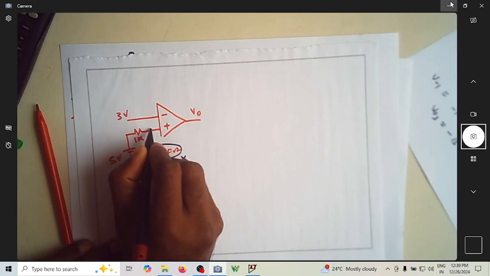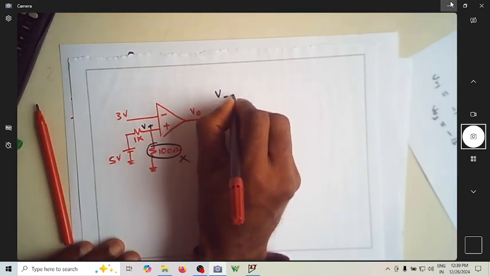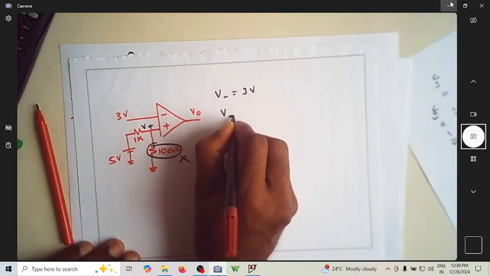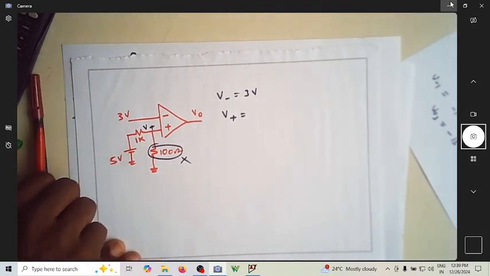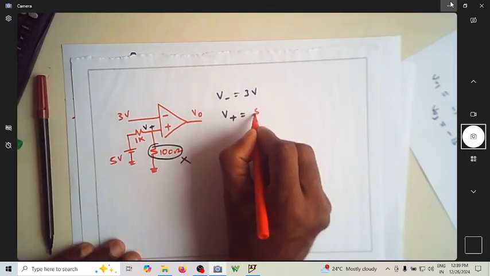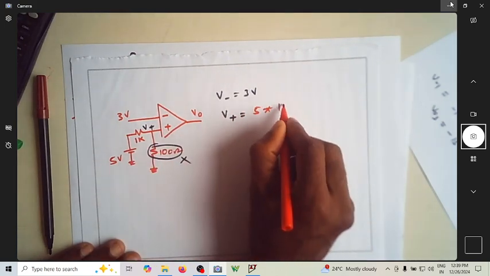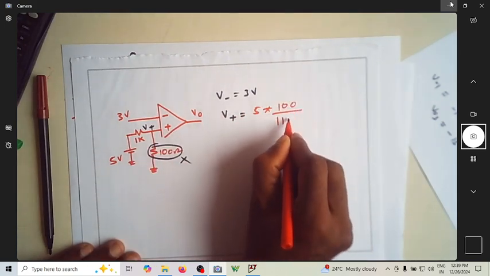If I say this is V plus, what is V minus? V minus is actually 3 volt. What is V plus? V plus is 5 into 100 divided by 1100.